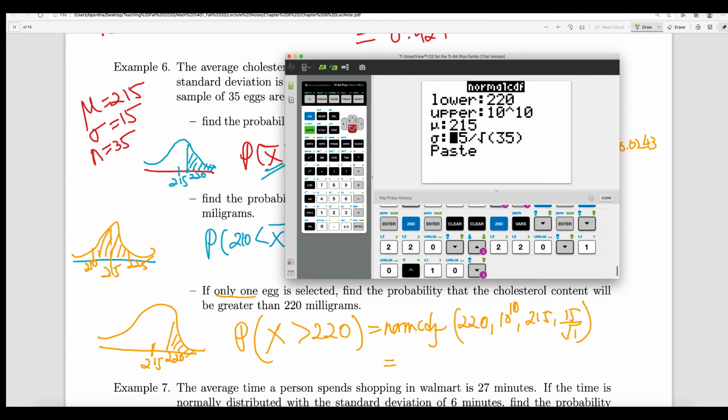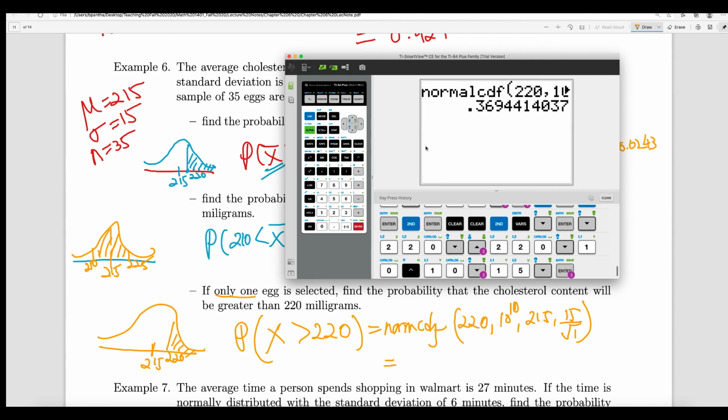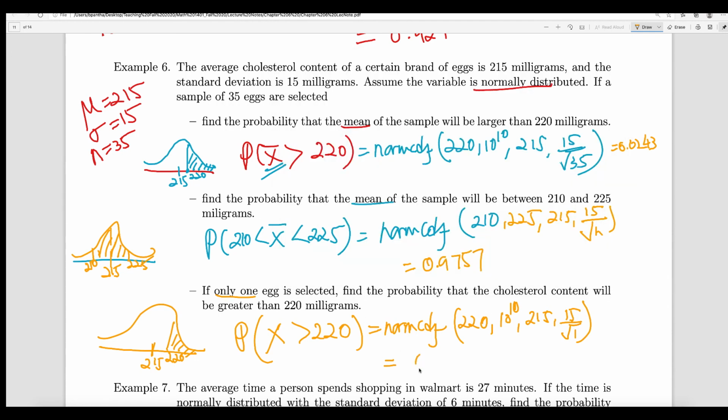The standard deviation is just 15, right? 15 over root n will be just 15. And then if you paste that, you will get 0.3694. That is a higher chance: if you select one egg, there is a higher chance that the cholesterol content is greater than 220 than for the mean.